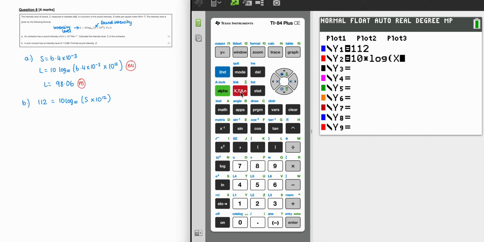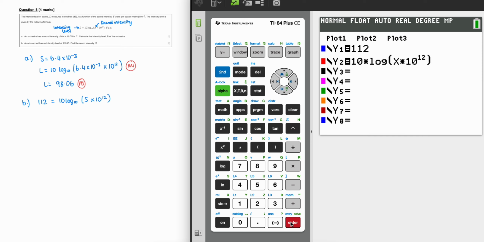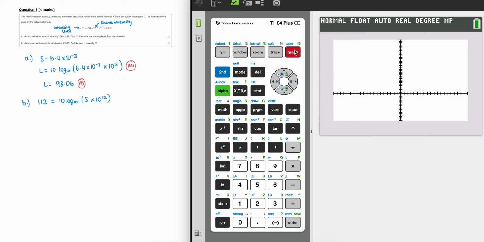I need to remember to change the variable to x. So x times by 10 to the power of 12. There we go. And then I can go into my graphing system.